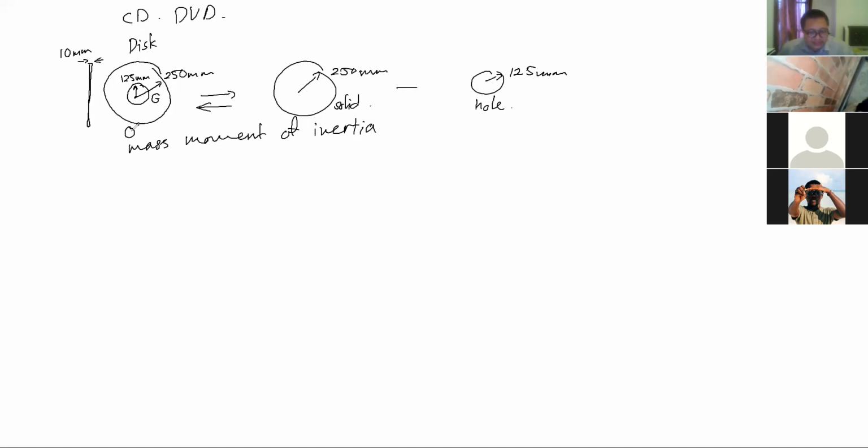So now, the plate is given to have density of 8,000 kg per meter cube, and the thickness is given 10 millimeter. Here you need to determine its moment of inertia about an axis directed perpendicular to the plate and passing through point O. Point O is here.